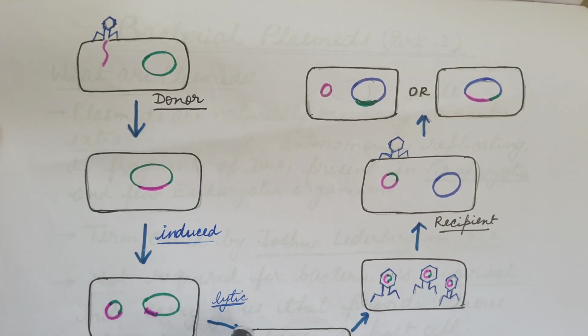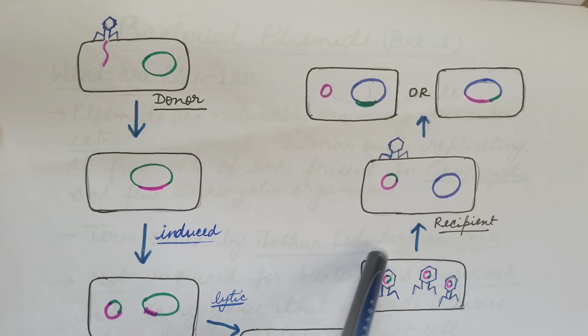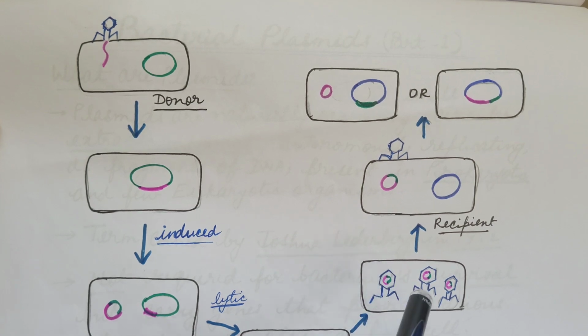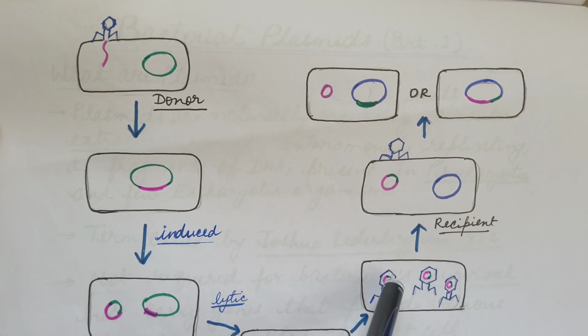Once it enters the lytic cycle and new viral particles are formed, these viral particles consist of part of bacterial DNA and part of viral DNA. And the bacterial genes present in the viral particles are specific.